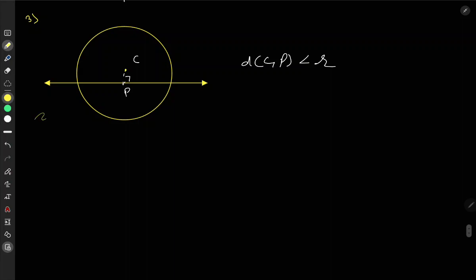So yes, let us now understand about tangents and circles.